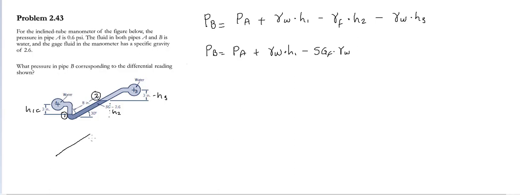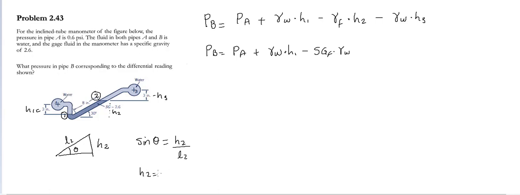However, we have this triangle. We have this is elevation H2. This is the L, the length that we have, and this is the angle theta. In this case, it's 30. We know that sine of this angle theta is going to be H2 divided by L2.